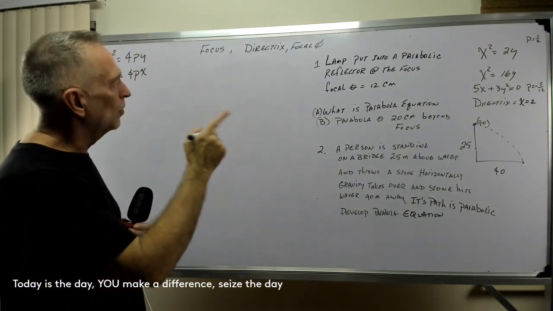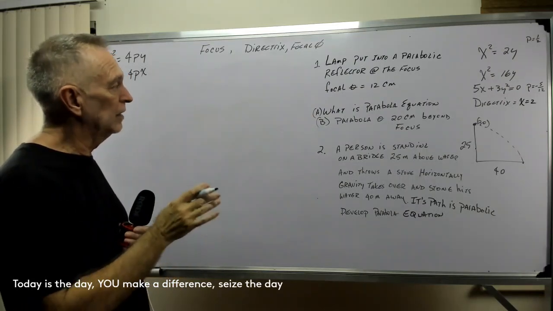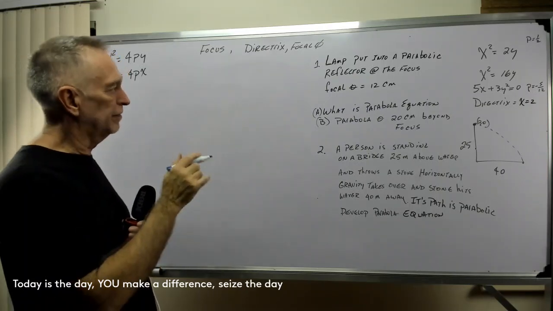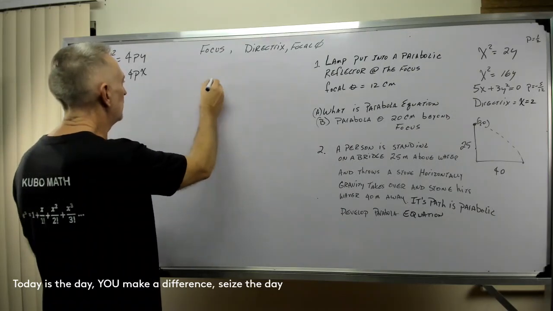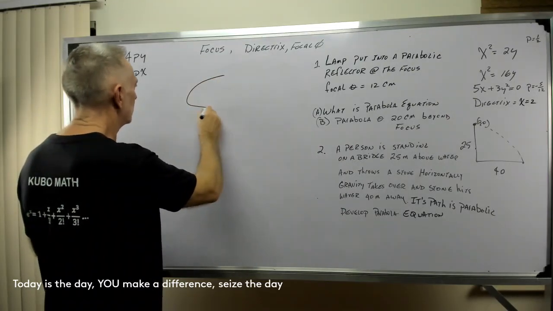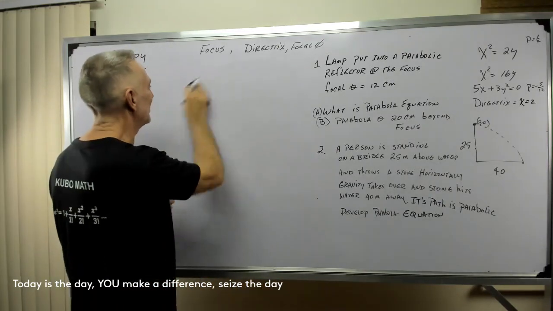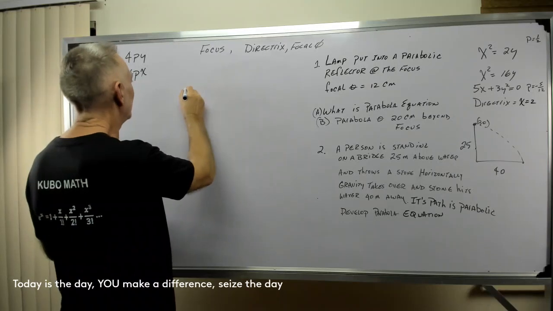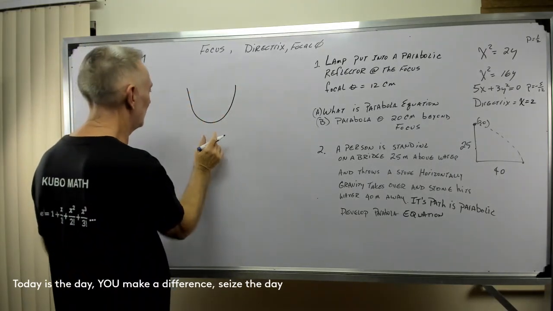Number 1: a lamp is put into a parabolic reflector at the focus. So they've got a parabolic shape. Hopefully their flashlight looks better than that one. We'll put it like that, with our flashlight turned up.